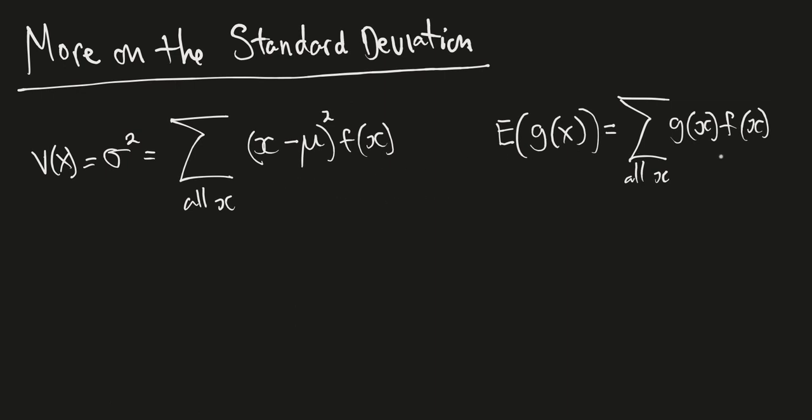Now I look at this and say to myself, I see a lot of similarities here. We have two summations, right? And they're over all possible values of x, and they involve some function that's being multiplied by our PDF. So it's almost like I can think of the variance as another type of expected value.